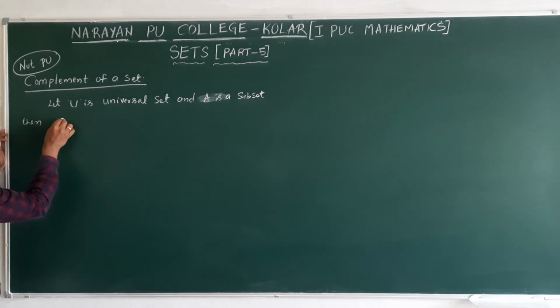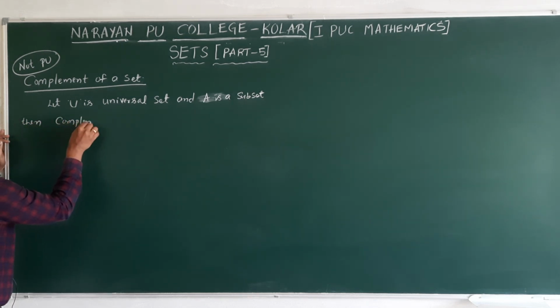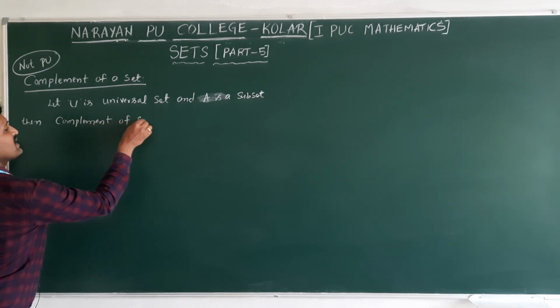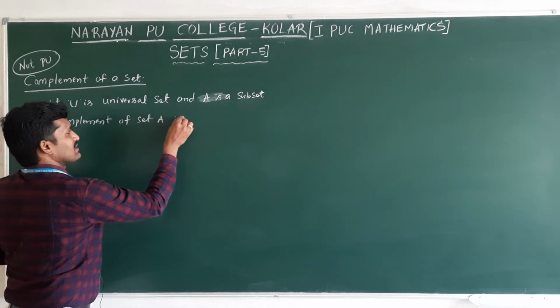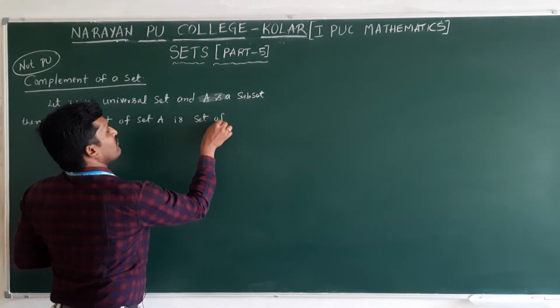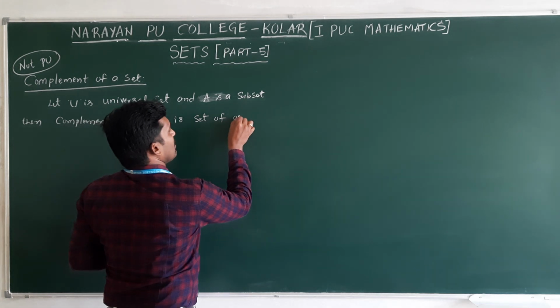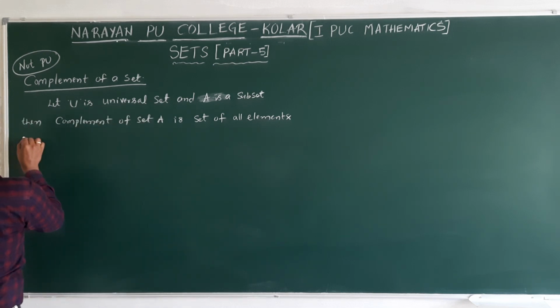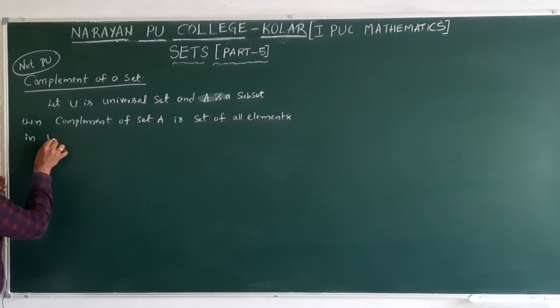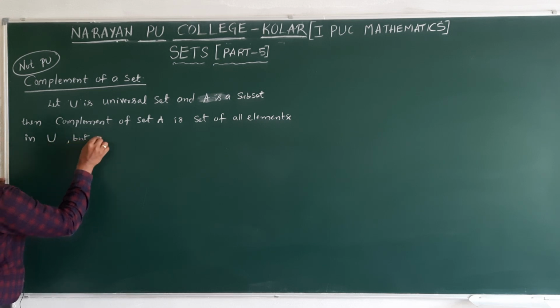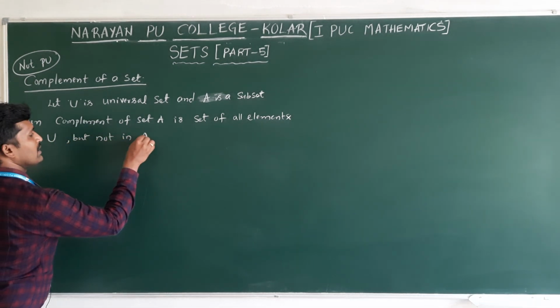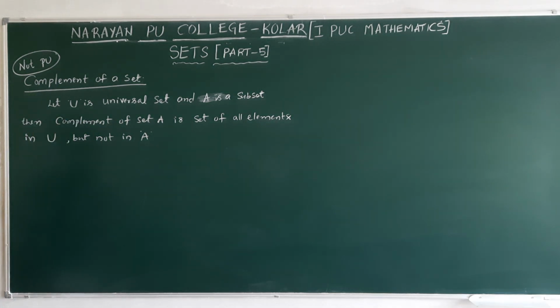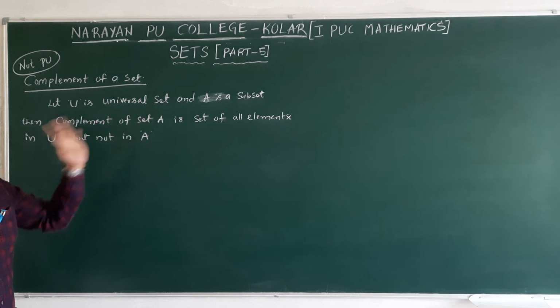Then the complement of set A is the set of all elements in U but not in A. U is a universal set, A is a subset, then the complement of set A is a set of all elements in the universal set but not in A.